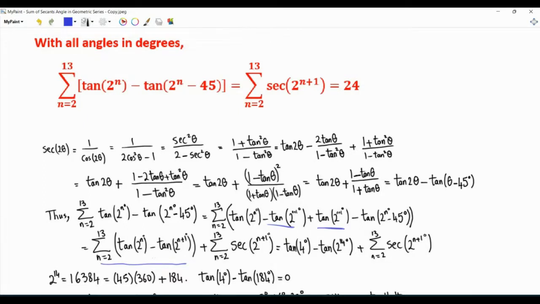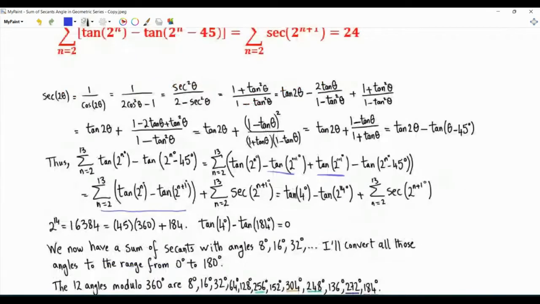Now, this summation here is telescopic. If n is equal to 2, we have tan 4 degrees minus tan 8 degrees. If n is equal to 3, we will have plus tan 8 degrees minus tan 16 degrees. If n is equal to 4, we have tan 16 degrees minus tan 32 degrees.